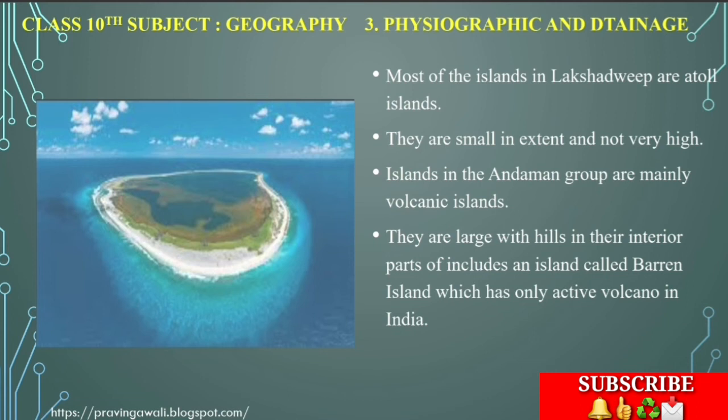Here, atoll islands means islands which have a ring or circular shape, as well as a coral reef. Students, coral reef means an underwater ecosystem, and most probably in this ecosystem we find non-vertebrate animals.